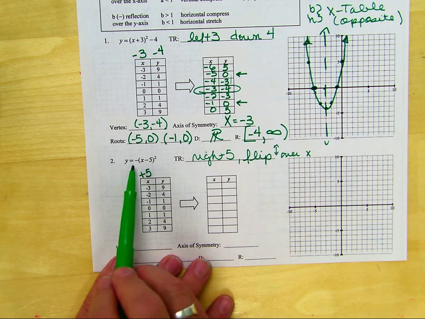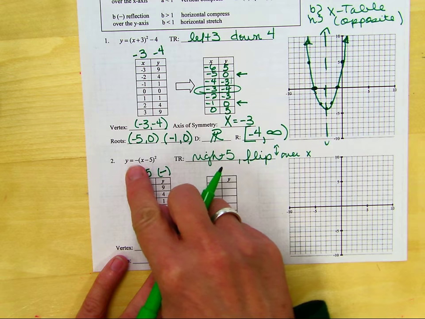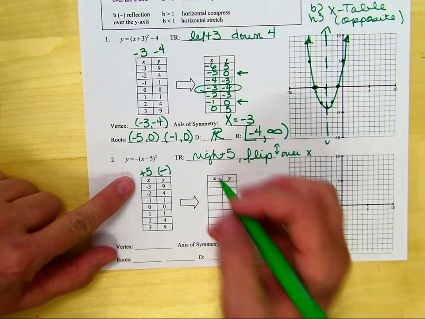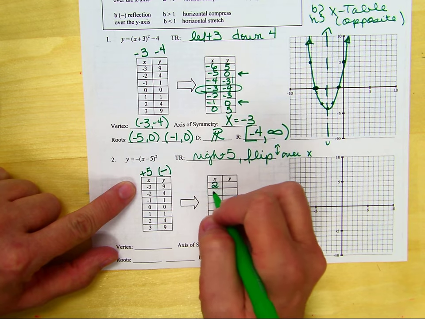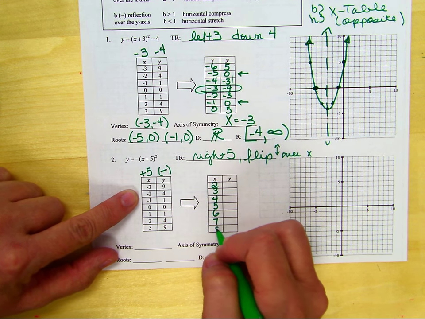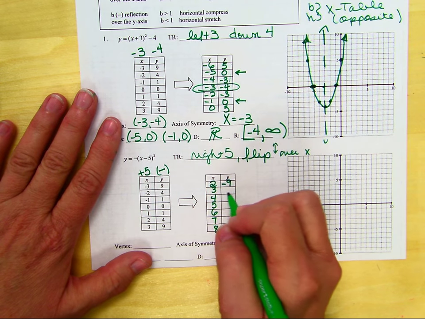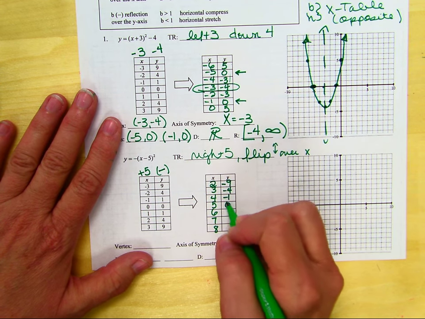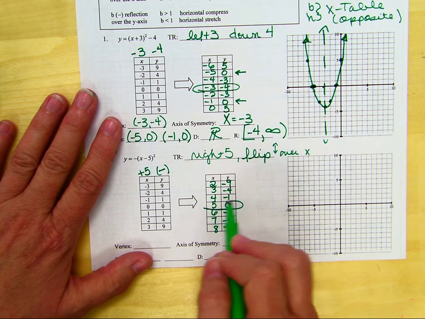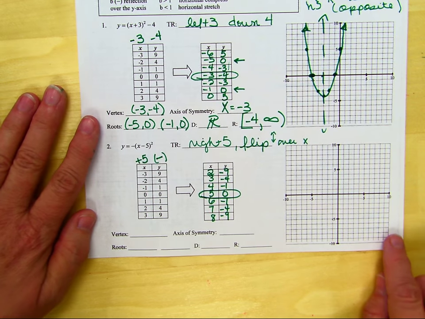Outside affects the y column by doing exactly what you expect. It's going to multiply by a negative. So x column, I'm going to have 2, 3, 4, 5, 6, 7, 8. Y column, every value is going to switch sign. I can see that change in direction with the symmetry right there in the middle. Circle your vertex.